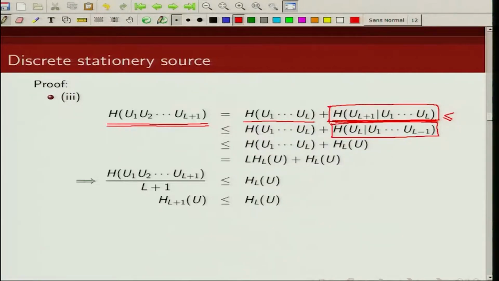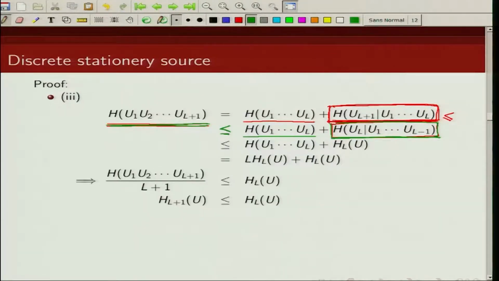So since this term here is less than this particular term, this joint entropy is then upper bounded by joint entropy of U1, U2, UL plus uncertainty in UL given U1, U2, U3, UL minus 1.